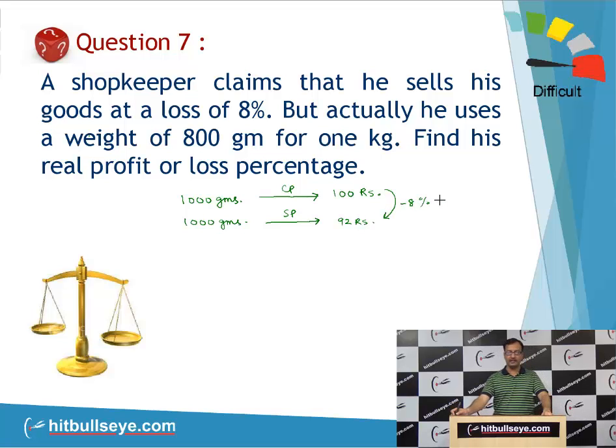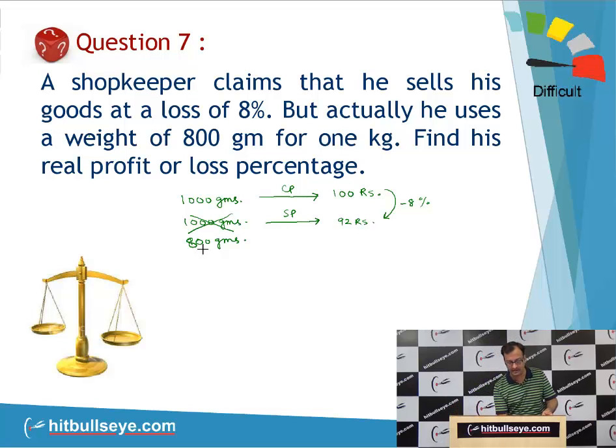Now the second line says, but actually he uses a weight of 800 gram for 1 kg. So which means while selling, the shopkeeper must be using a weight of 800 grams instead of 1000 grams. So can we delete 1000 gram and write that he is actually selling 800 grams for 92 rupees, and to get the real profit or loss percentage, the quantity of articles must be equal.